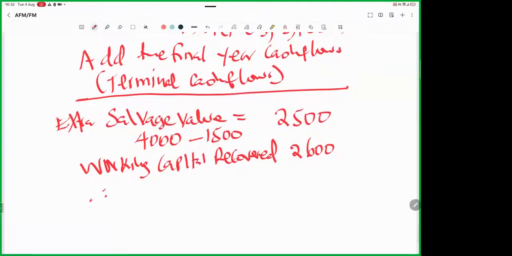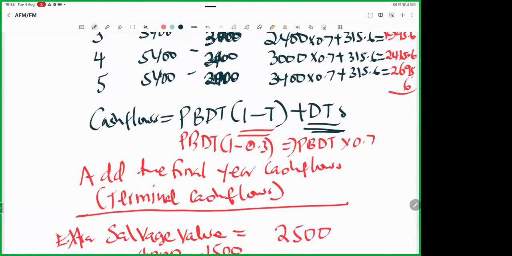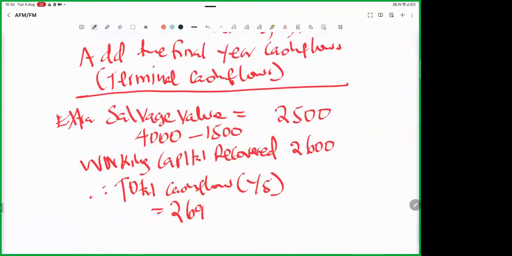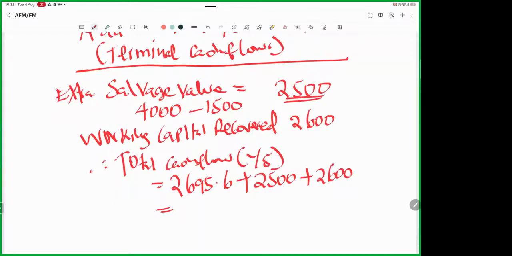The total cash flow, year number 5, will be the operational that you gave me here, 2695.6, plus the extra salvage, plus the working capital we will be able to recover. Is there somebody who is able to give us this figure?